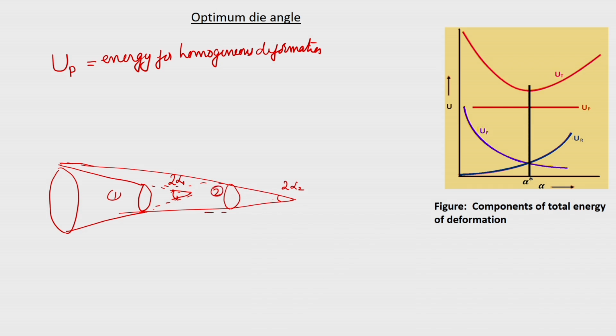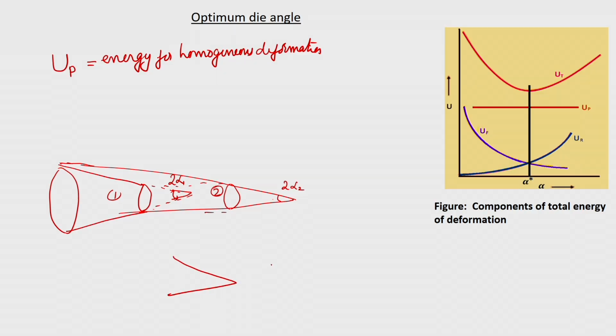That means with the increase in the die angle, the frictional loss keeps on decreasing, because the total contact area decreases. But just consider the case with the increase in the die angle, what happens is that maybe one die angle is like this, another die angle is like this. Okay. In this case the metal has to come like this and deform like this. So, there is a sharp deformation which is taking place.